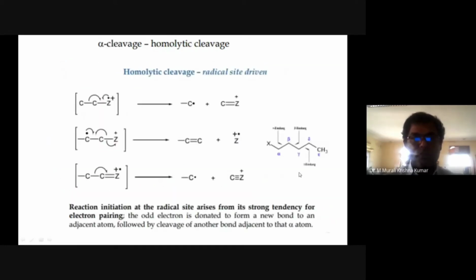I'll show you an example so that it will help you understand very easily. This is the carbon atom to which a heteroatom is connected. This is the alpha carbon, and the alpha carbon is cleaved.